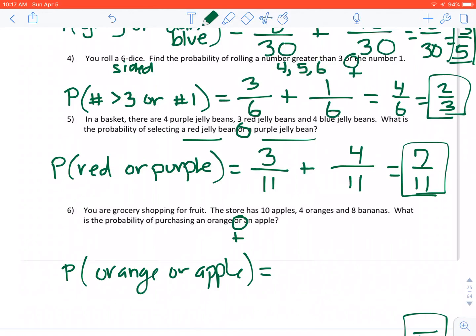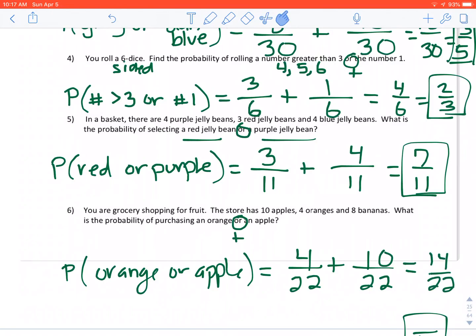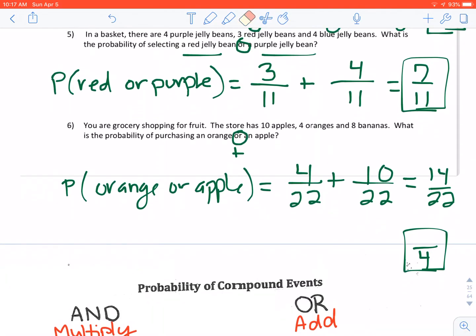Okay, let's get our total here first. 10 plus 4 plus 8 gives us 22. Okay. Orange. There are 4 oranges according to this problem, and there are 10 apples. So when you add those, you're getting 14 out of 22, which reduces to 7 out of 11.